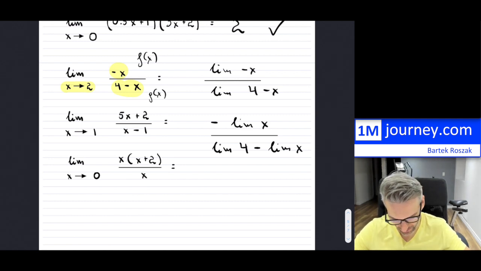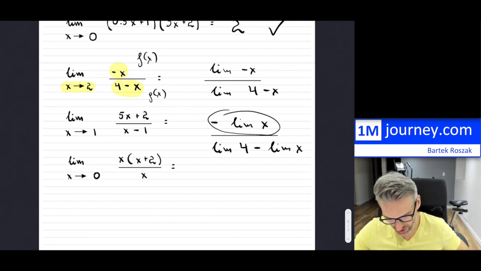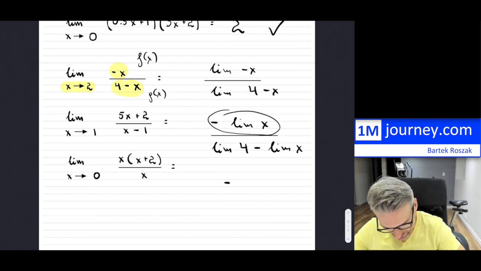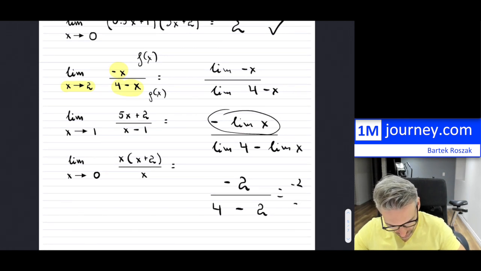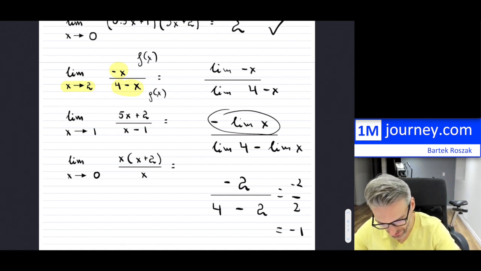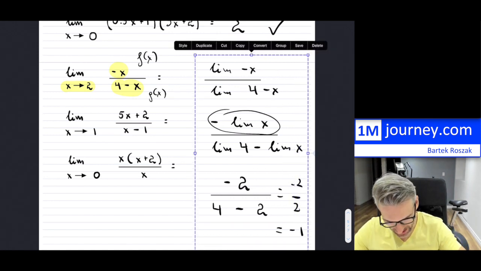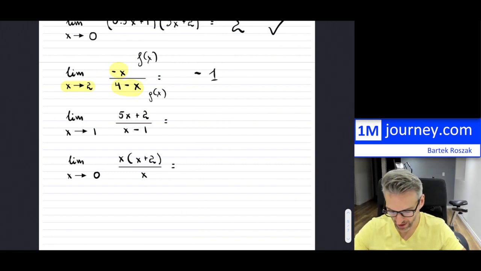Now, as x is approaching 2, I can comfortably say that's negative 2 all over 4 minus 2. So this is negative 2 over 2, which is simply negative 1. That's the work we would have to put in, and that's another example. So negative 1 is what we would have gotten here.